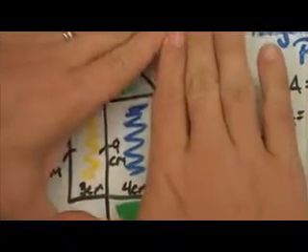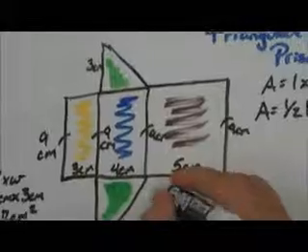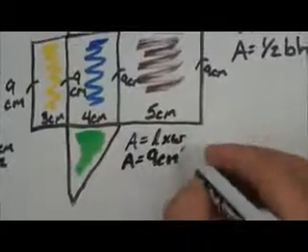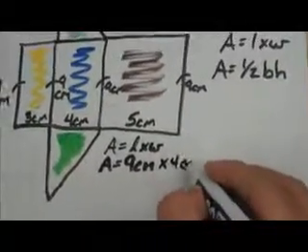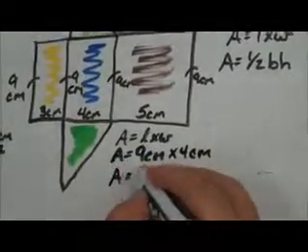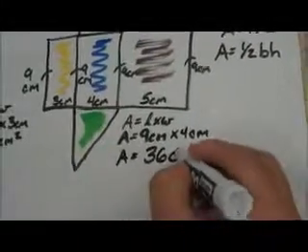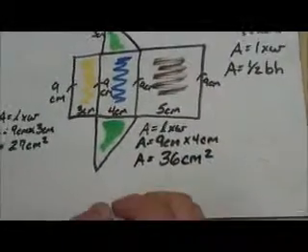Probably a good idea. Okay. So now I can focus in on the blue one. I have an area of length times width: 9 centimeters times 4 centimeters, and I will end up with 36 centimeters squared.